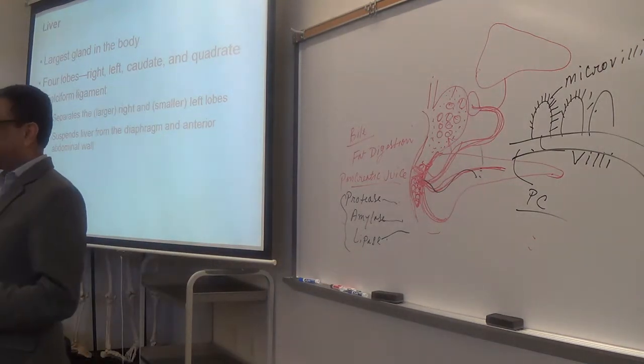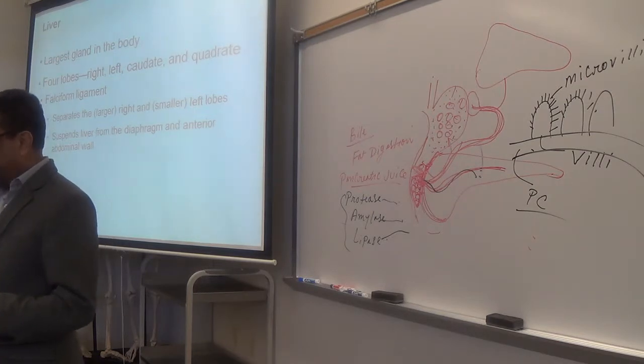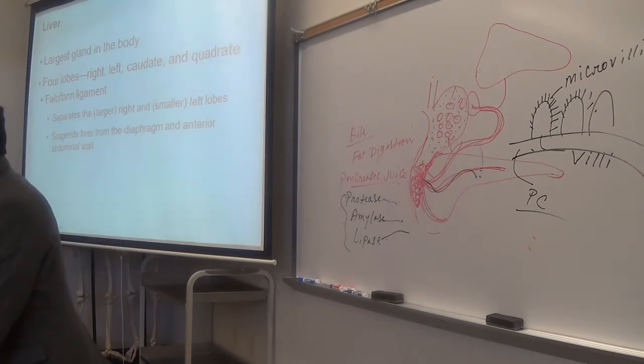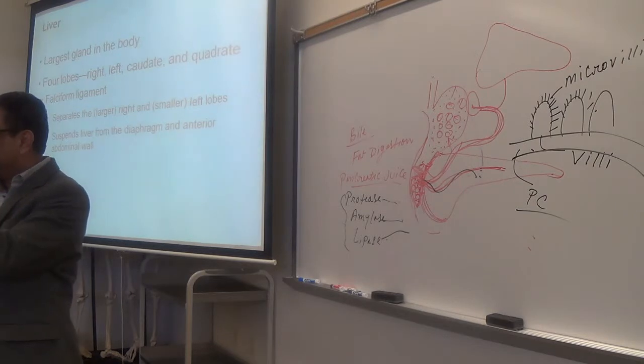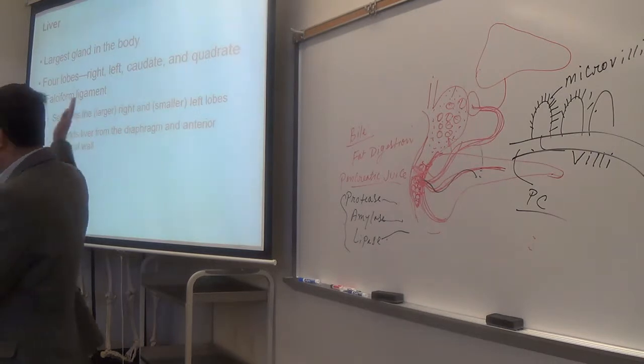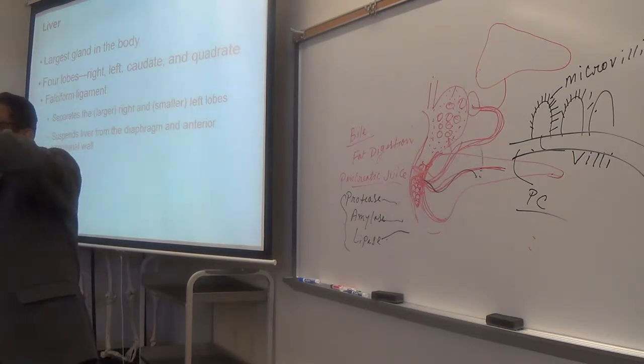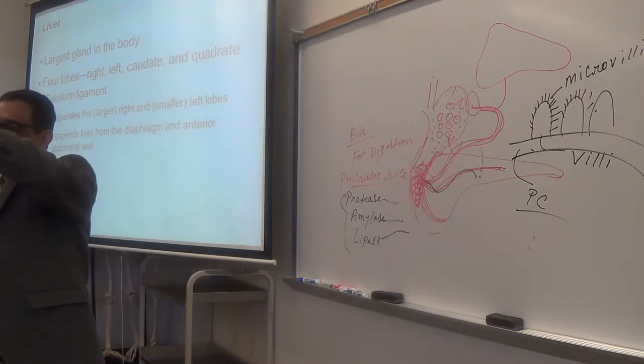Mucus helps to protect the wall of the stomach, because you know that inside the stomach the content is acidic. So this mucus makes a thin layer on the inner surface of the stomach and separates the wall of the stomach from the gastric content.